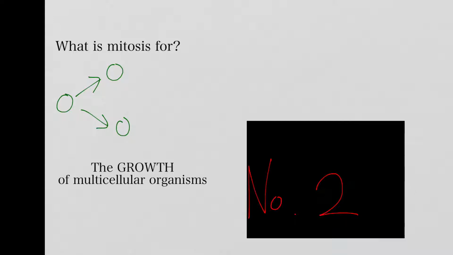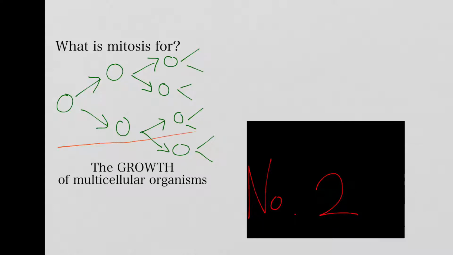Those will then become parent cells themselves and undergo mitosis, so they will produce their own. Now we've got four genetically identical cells. This will go on and on, and this is essentially enabling us to grow and grow.